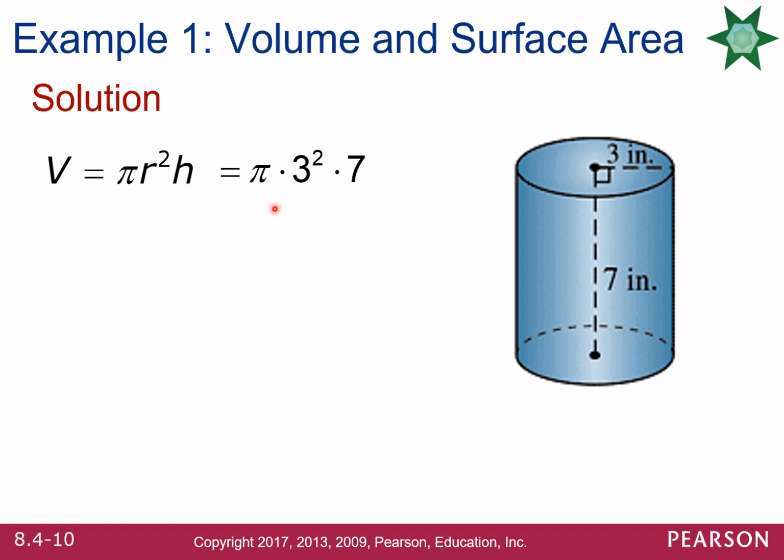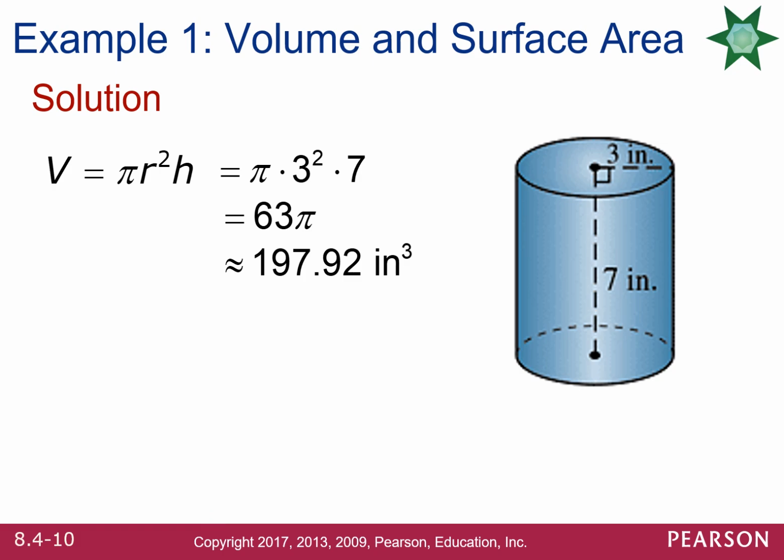So pi times, they plug in the value of the radius in r, 3 squared times 7, which is the height, and then they evaluate that and get 63 pi, which comes to 197.92 cubic inches. Again, keep in mind volume is represented in cubic units.